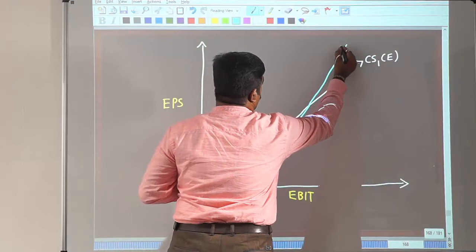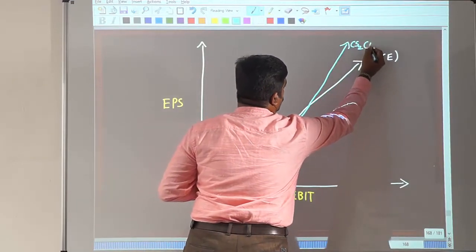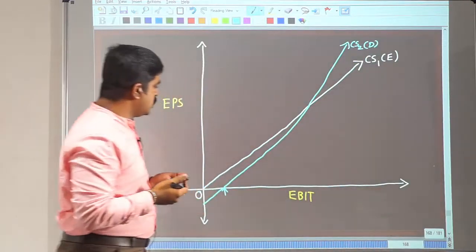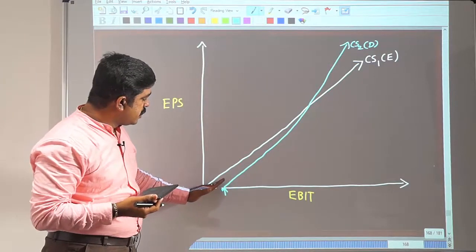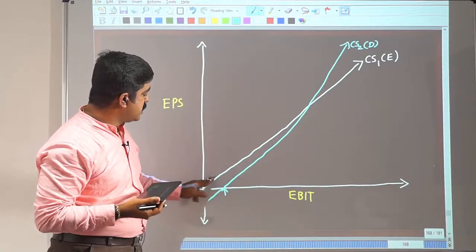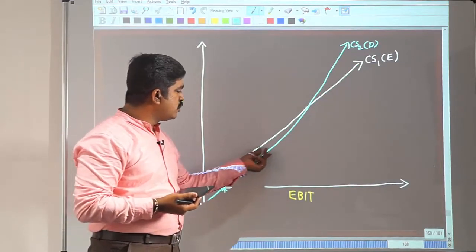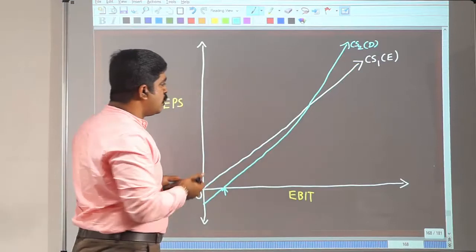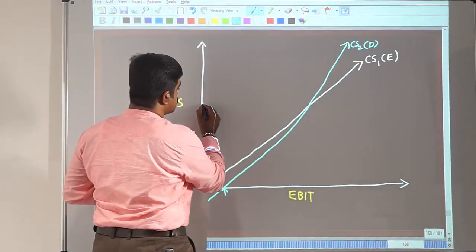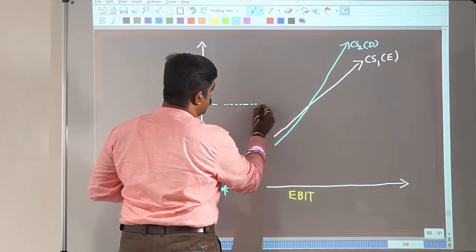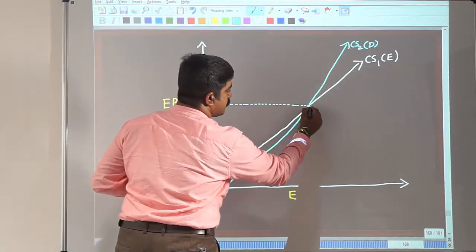This is your capital structure 2, which comprises debt. So what is happening here? If you look at this diagram, the EPS from your debt option is lesser than the EPS from the equity option, but the difference gets narrowed, and there is a point where both the options are going to give you the same EPS. So if I plot this, there is a point where both the options give you the same level of EPS.